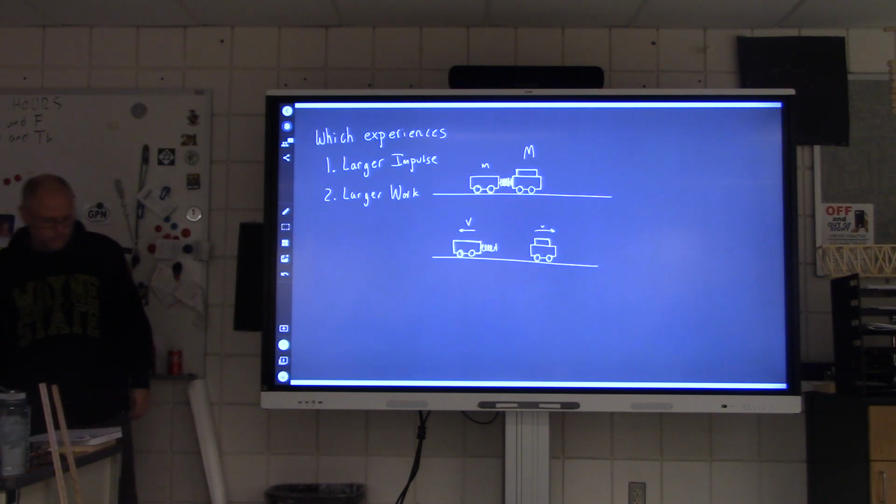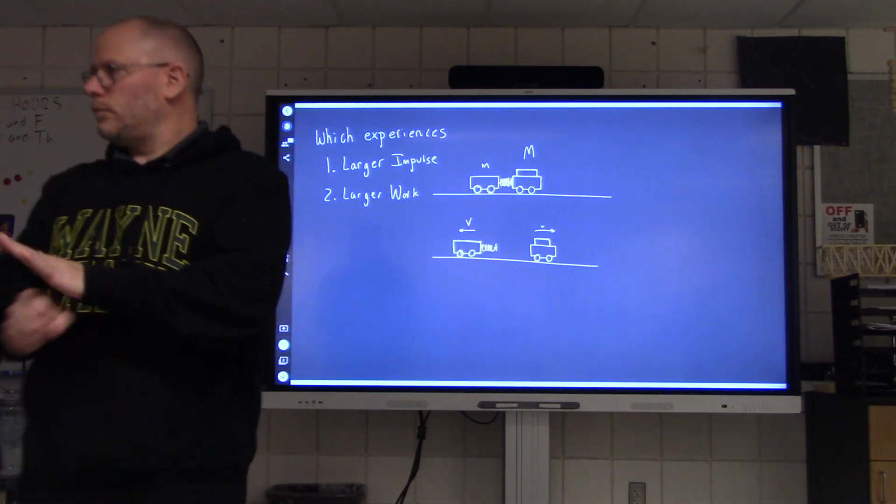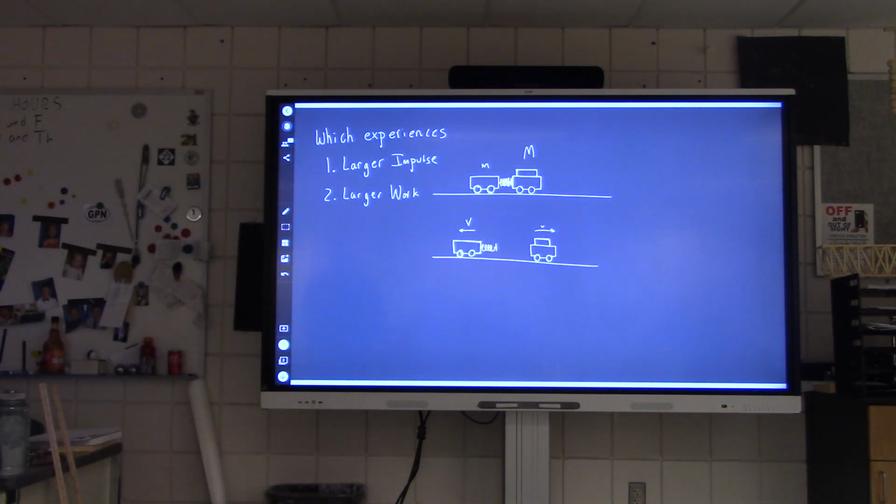It's force over time, and they have the same force at the same time. I think they both experience the same thing. Mass doesn't matter, because the force is the same. What is the impulse?